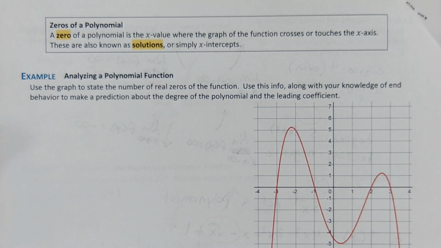When your graph crosses the x-axis, your y value is 0, and that's why they're known as zeros. They're also known as solutions and x-intercepts. In the next chapter, we'll use a term that means relatively the same thing, called a root, though it means something slightly different. But there we go. Zeros, x-intercepts, solutions. All of those mean exactly the same thing: a place where the graph is either going through the x-axis or just sitting on the x-axis. Cool. No big deal? Vocabulary.